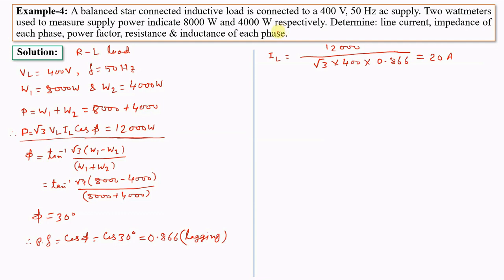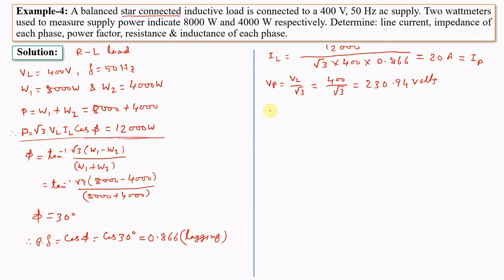Here in this question, the load is star connected. It is already given in the question, and we know that in a star connected system, the line current and the phase current are equal. Therefore, the value of the phase current will also be equal to 20 ampere. But the phase voltage is the line voltage upon root 3. So it is 400 upon root 3, and we will get the value as 230.94 volts.